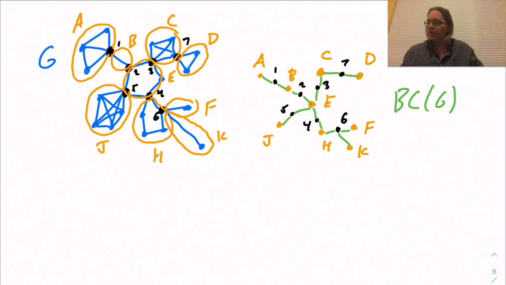So this is the graph G, and this is our block cut point graph of G. We think of it as harnessing the 2-connected pieces of our graph G.